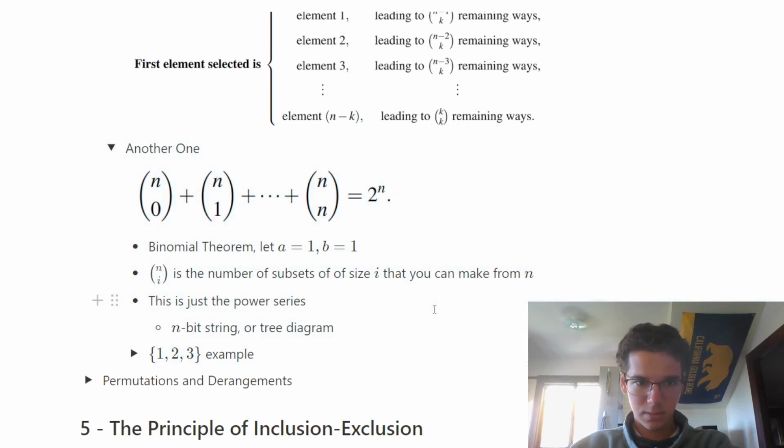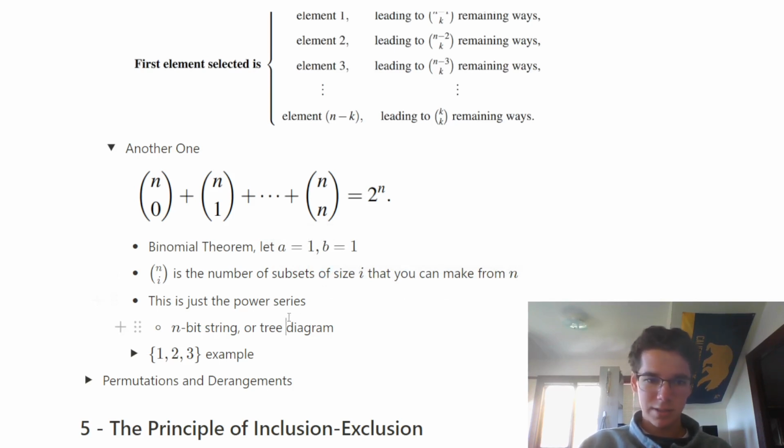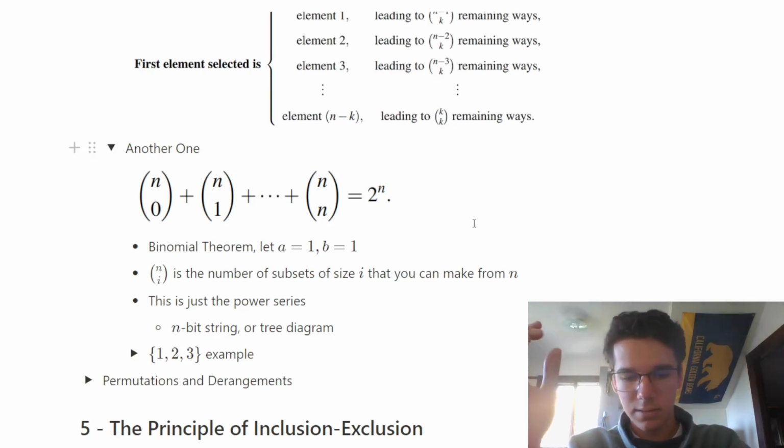If we think about what each of these terms is saying, n choose i is the number of subsets of size i that you can make from n, right? And the power series is all of the possible subsets of n.